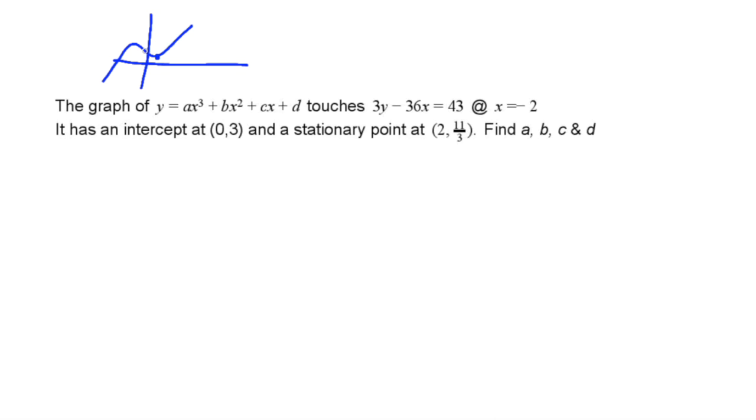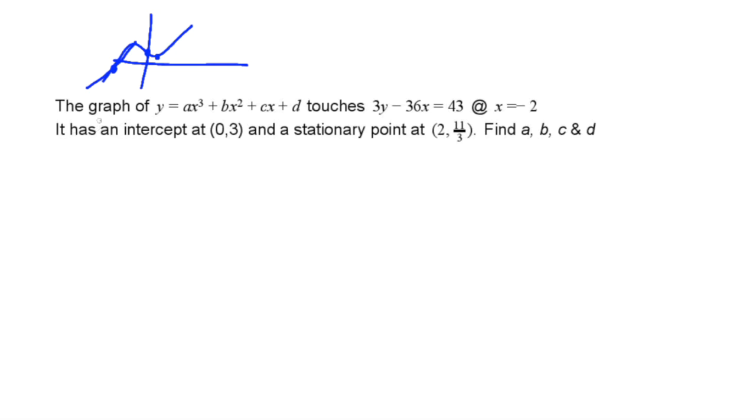It has an intercept at (0, 3), so maybe that's there. And then there's some other line that is tangent to it at x equals negative 2, something like that. So it's good to get an overall picture of what's going on, and then hopefully we can take out the little bits of information that we need to solve the problem.